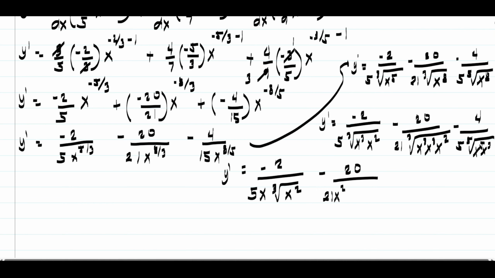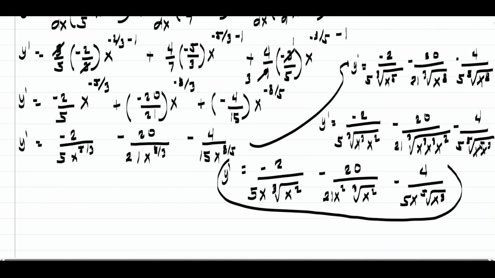X squared indicates the number of perfect cubes inside the radical sign. So this is cube root of x squared minus 4 over 5. And since we only have x raised to 5 inside the radical, we are going to have x and then fifth root of x raised to 3. So therefore, this will be the derivative of the given function.